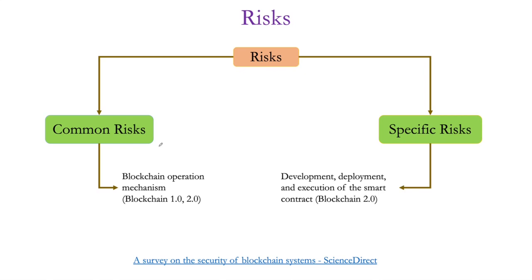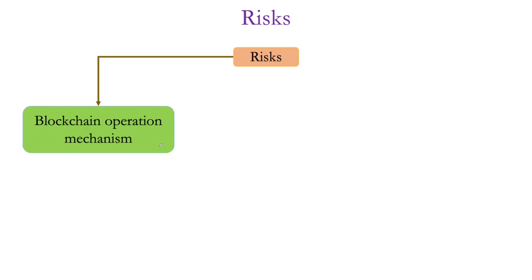There are also specific risks related to the development and deployment of smart contracts. So we try to categorize the risk factors under the blockchain operation mechanism of the 1.0 version or the 2.0 version.